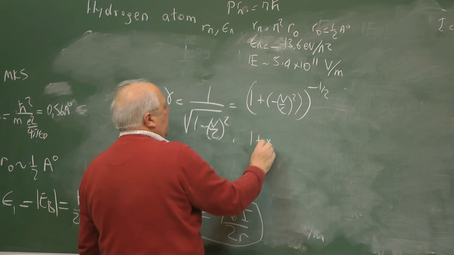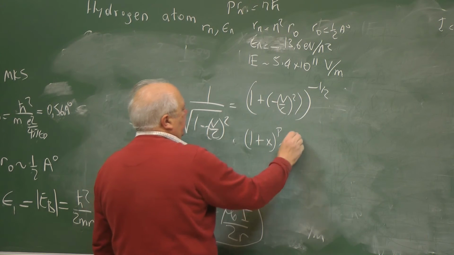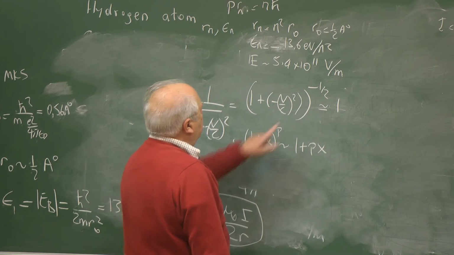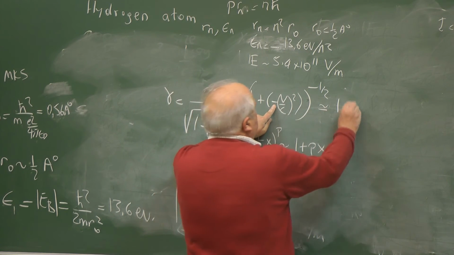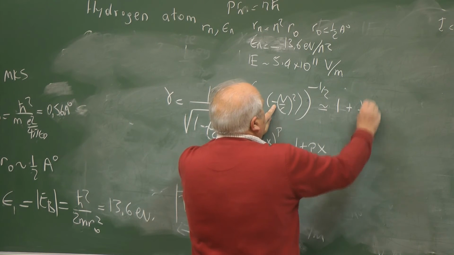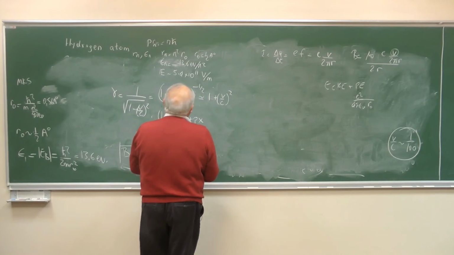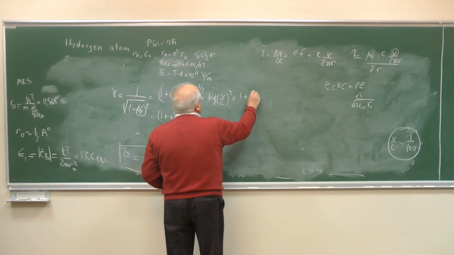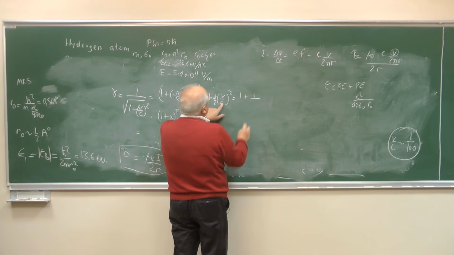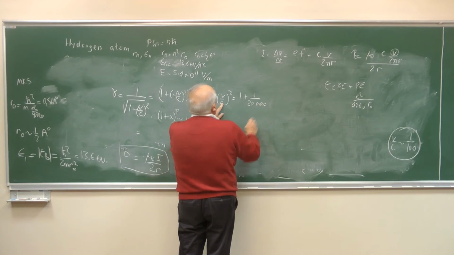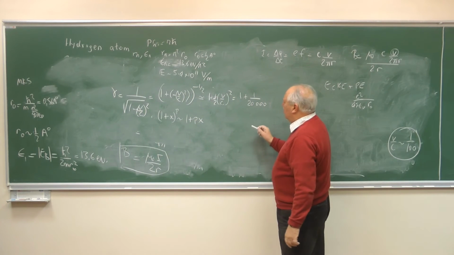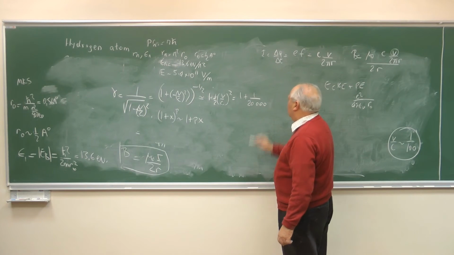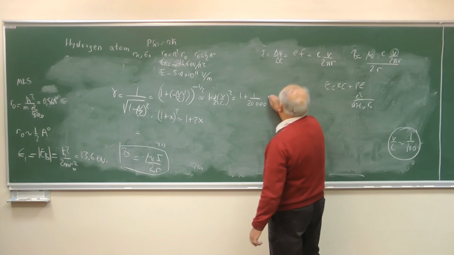So 1 plus x to the p expands like 1 plus p times x. So we get 1 plus 1 half times v over c square. This is 1 over 100, so it is 1 over 20,000. So the correction to gamma is simply like 1 over 20,000. So this we take roughly as 1.